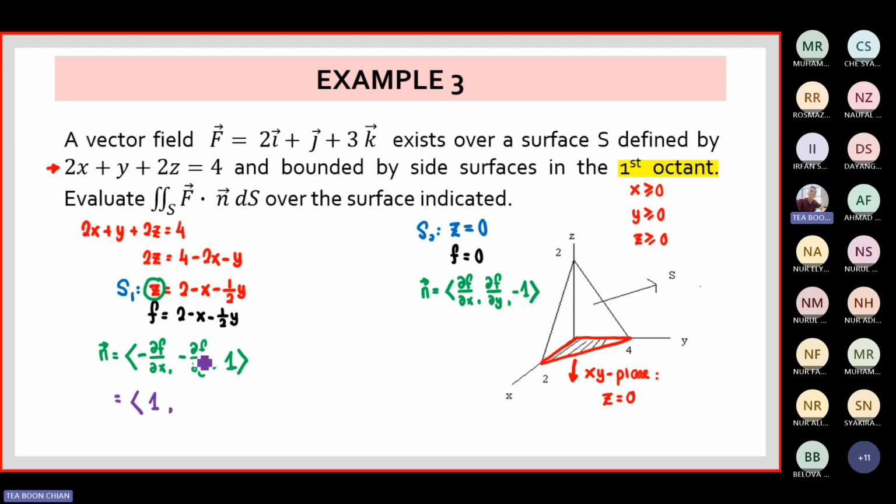Here, negative differentiate f with respect to y, you get positive 1 over 2. And this is 1. For the second, the normal vector should be easy because f is 0. Differentiate anything with respect to x or y should be straightforward.